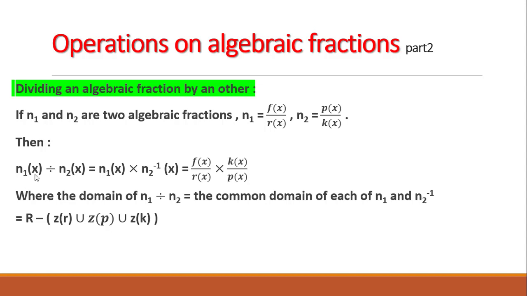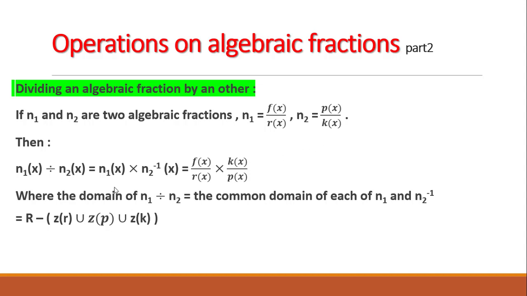If we have n1 of x divided by n2 of x, it will be n1 of x multiplied by the reciprocal, which is n2 power negative 1 of x. So it will be, for example, here f of x over r of x, then I'll change divide into multiply, then I'll take the reciprocal, so it will be k of x over p of x.